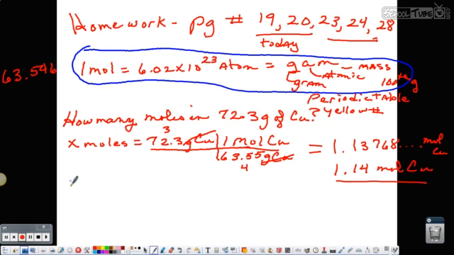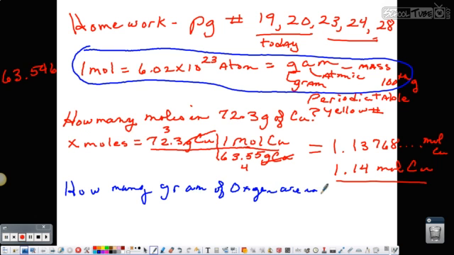So now I'm going to say, how many grams of oxygen are in 5.21 moles?